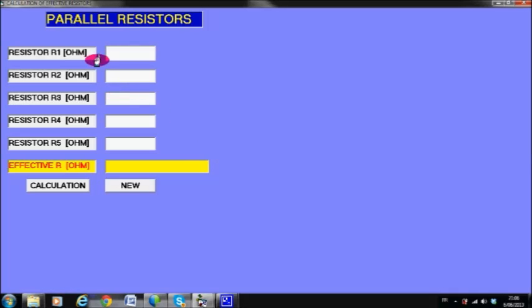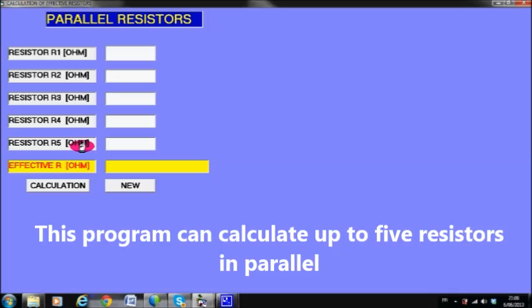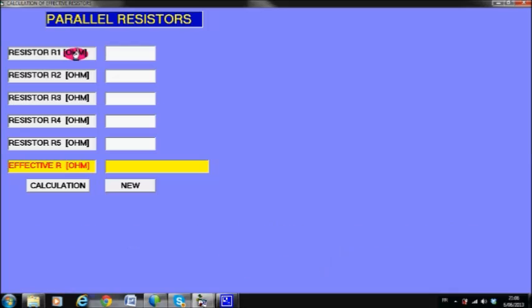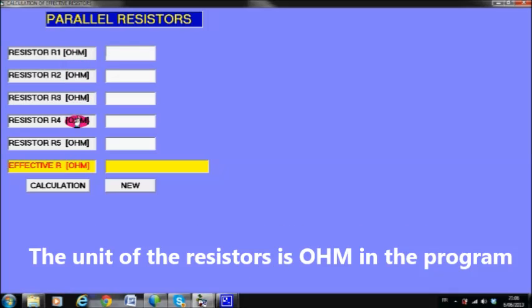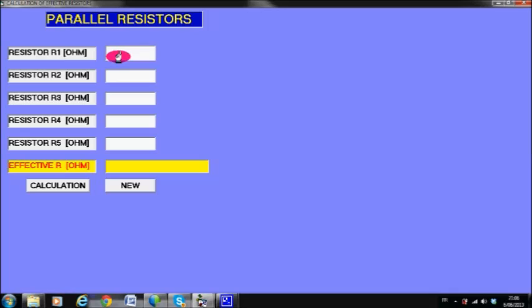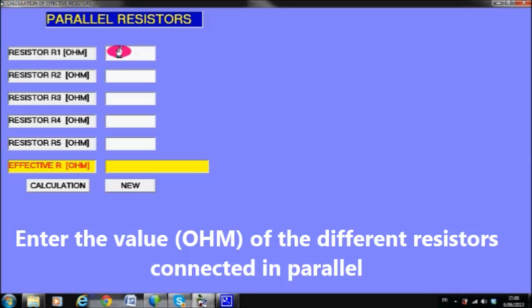So here we can calculate up to 5 resistors connected in parallel. That's very interesting. We enter the values of the resistors, R1, R2, R3, R4, and then R5, all in ohms, the unit of resistance. I just enter the value of R1.